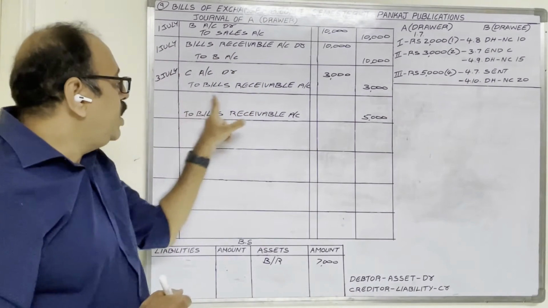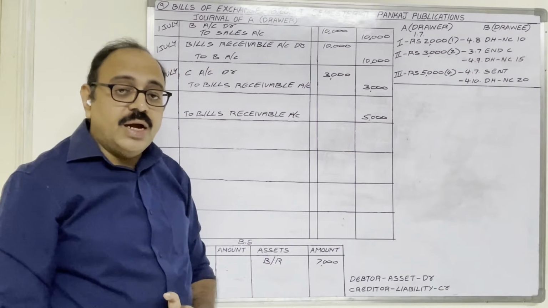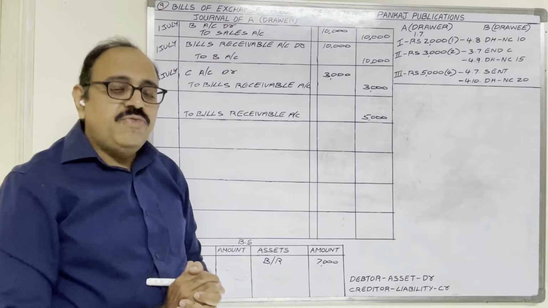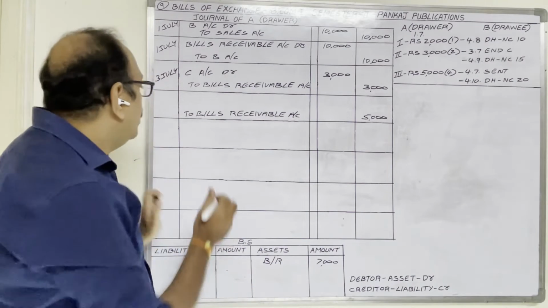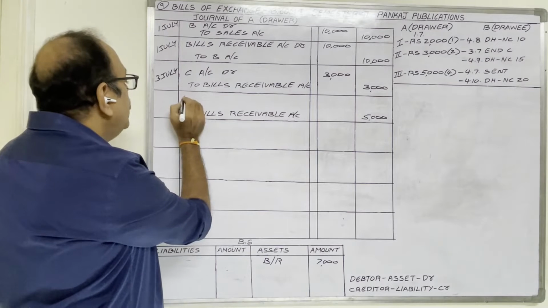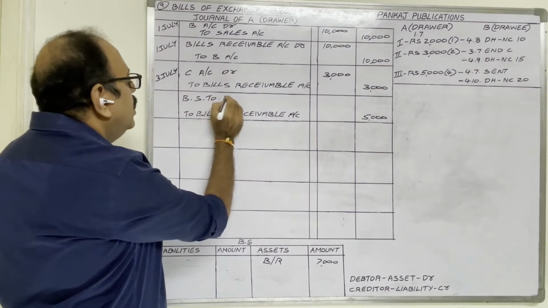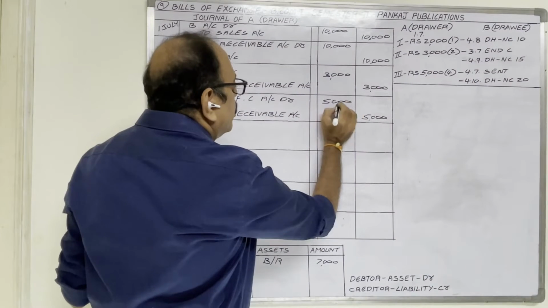Therefore, don't debit bank account. Then which account should we debit? We should remember that our bill is with the bankers. On that, in future, money should come. To remember that, we have to create an account known as bill sent to bank for collection account with the 5,000 rupees.